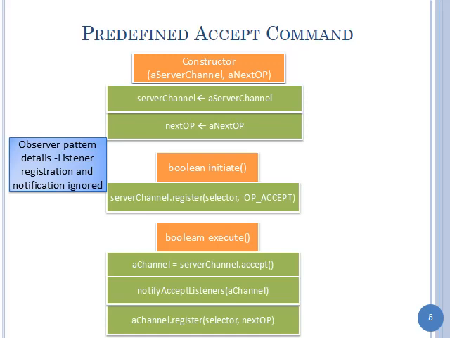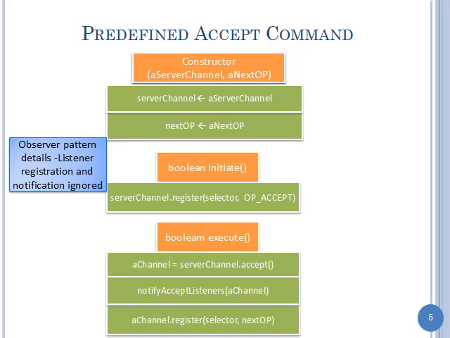The main point is that in the initiate method for accept, it says, I'm interested on this channel in the accept operation. This is a server socket. It'll always be enabled with accept. So we have to do this only once, and when the accept operation is ready to execute, that means a connect message has come in.